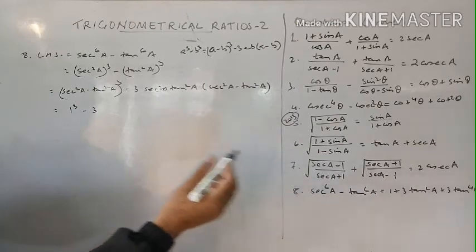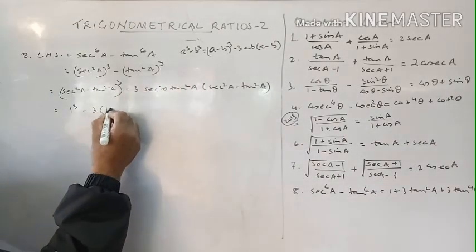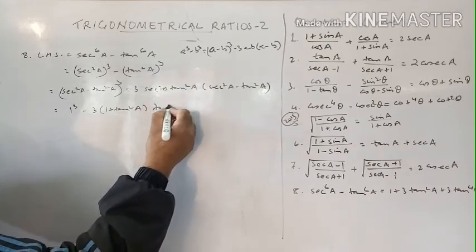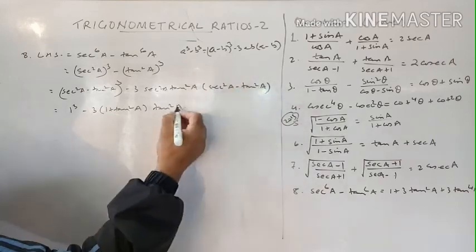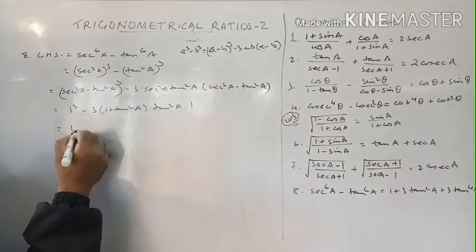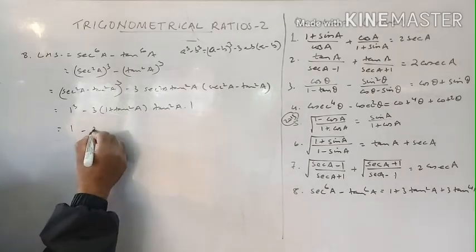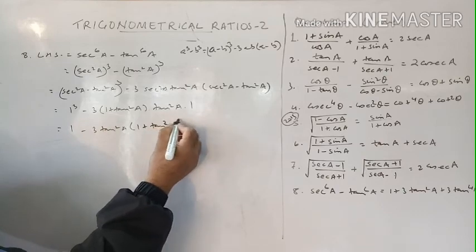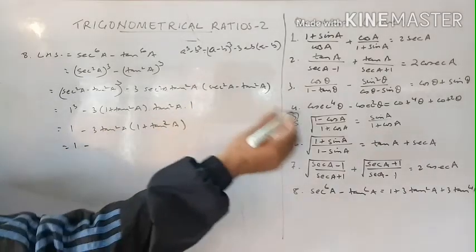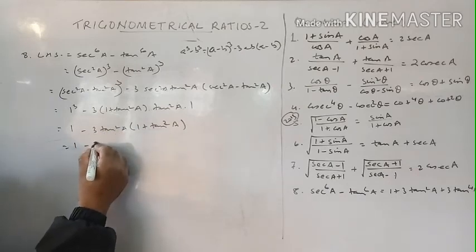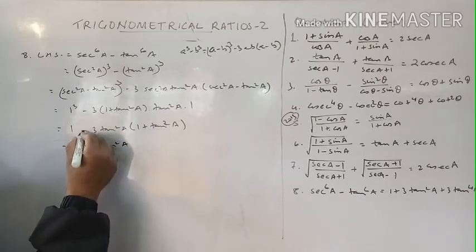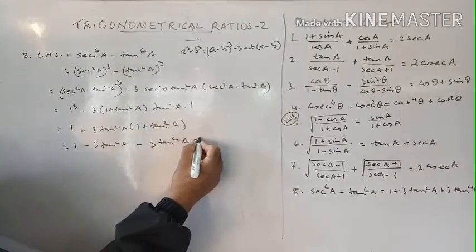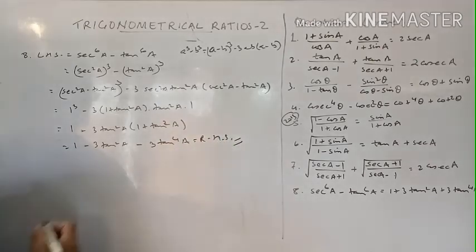Since there is only tan in the RHS, this sec square you can change to 1 plus tan square A, into tan square A, and into sec square minus tan square, which is again 1. So 1 cube is 1, minus 3 tan square A into (1 plus tan square A). If you open the bracket, because there is no bracket in the RHS, 3 tan square into 1 is 3 tan square A, minus into plus is minus, so 3 tan square into tan square is 3 tan to the power 4A, which is equal to RHS. So it is proved. Okay.